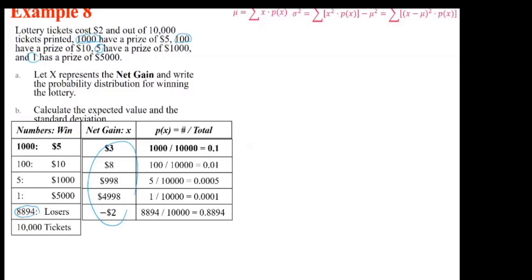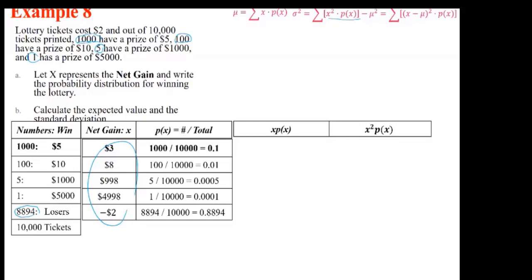And then we can calculate the standard deviation. Besides x times p of x, I'm using this formula, x squared times p of x. So x p of x, that means 3 times 0.1. X squared p of x means 3 squared times 0.1.